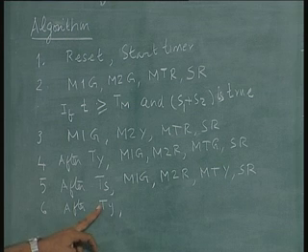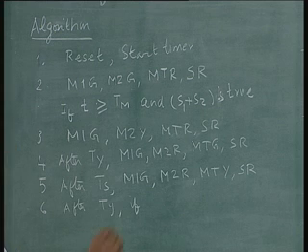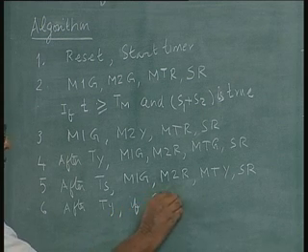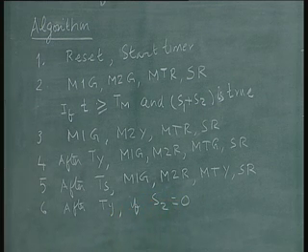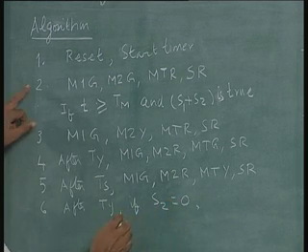After T yellow, if S2 is 0, then we will go back to this step.